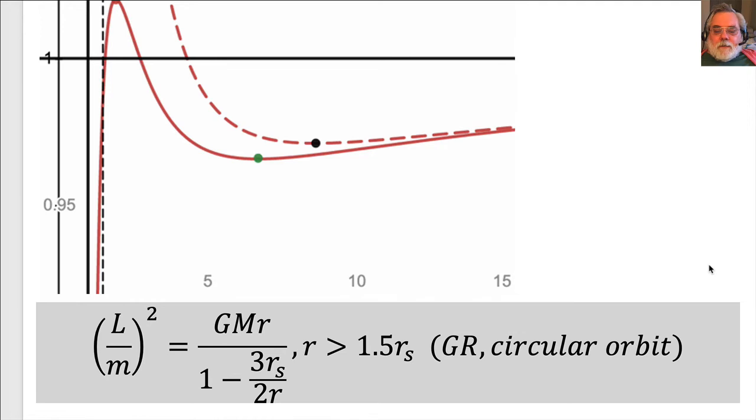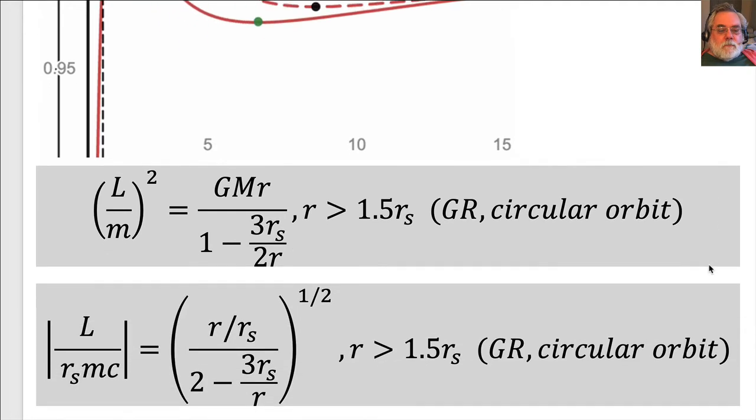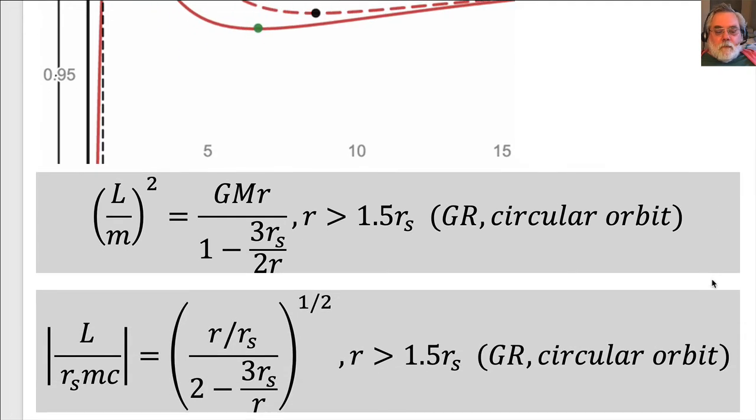We can rewrite this as this expression: absolute value of angular momentum over Schwarzschild radius mc equals this expression on the right.